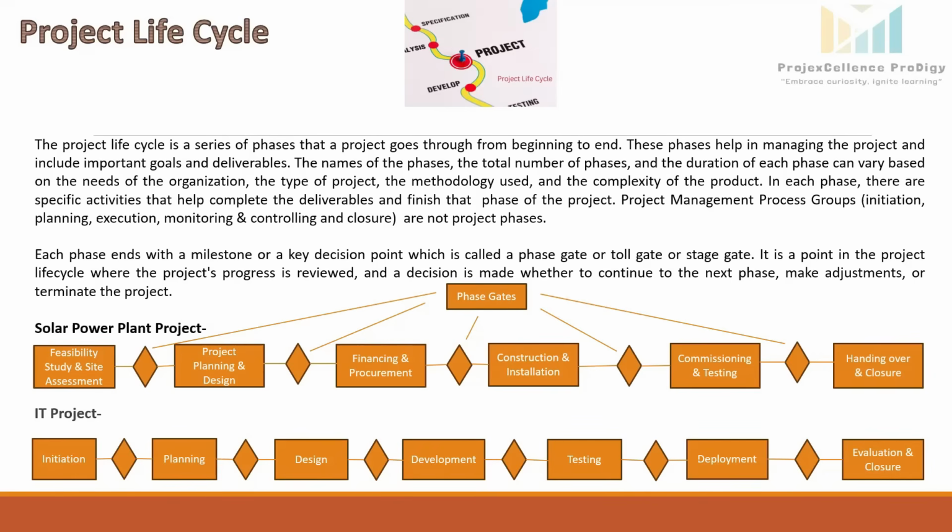So in feasibility study and site assessment, we have the deliverables as feasibility study report, the site assessment report, preliminary project proposal, meaning high level scope and budget, risk assessment report with mitigation strategy, and stakeholder analysis.